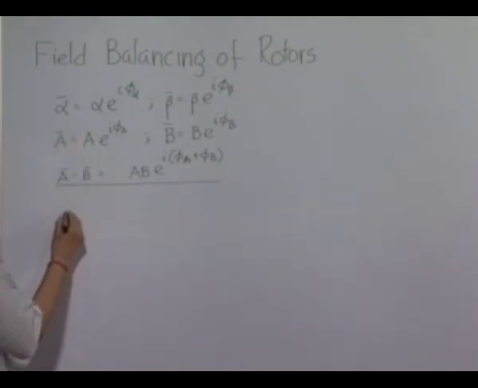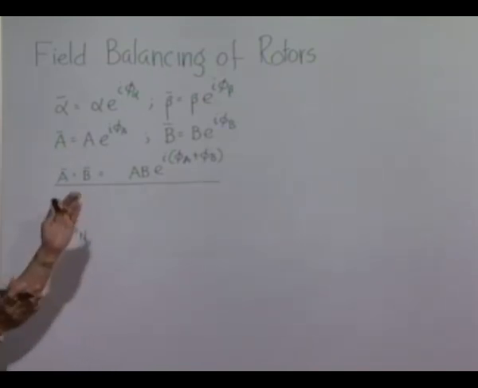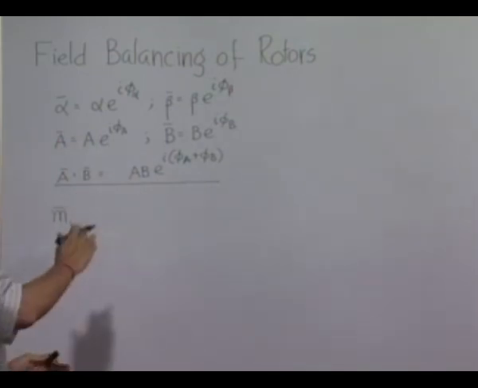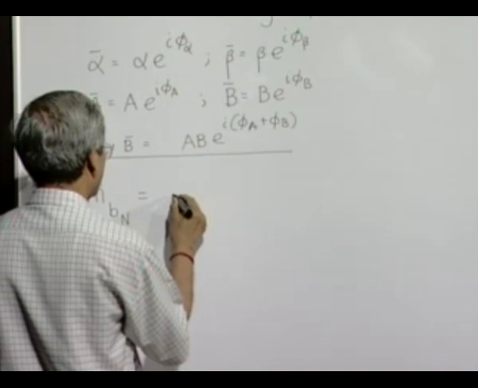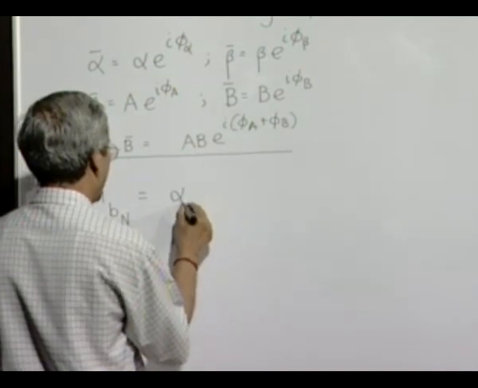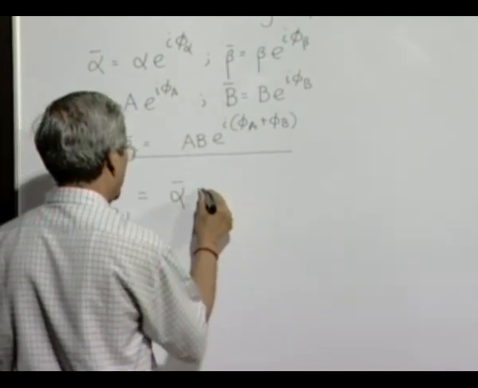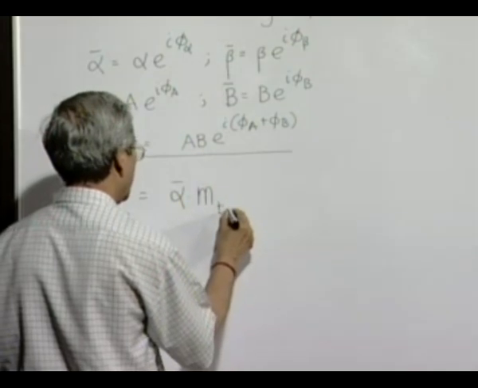then let us see what we have to find out. MBN, if we represent it by a vector because it has a magnitude and it has an angular position, that is direction, is equal to alpha operated upon MTN.